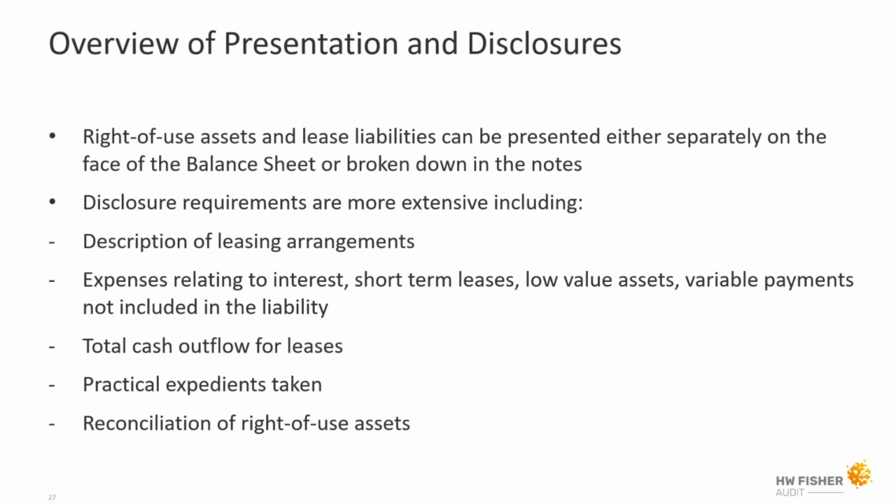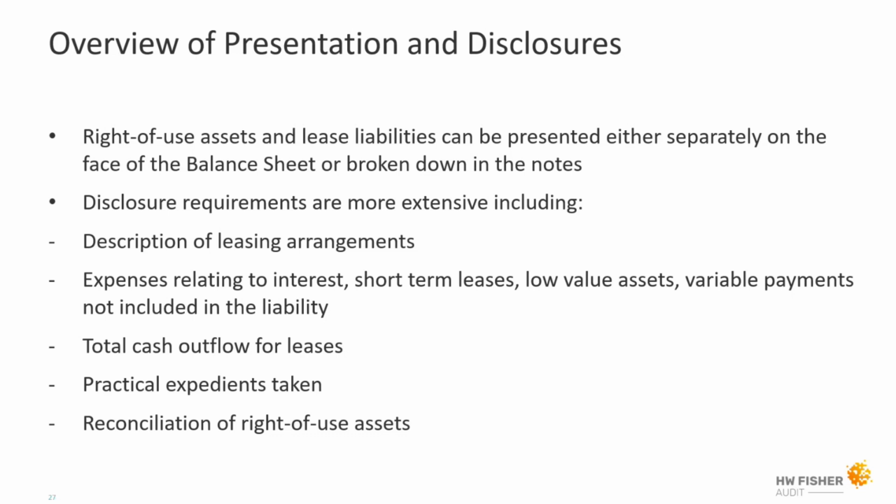You're not necessarily going to have to calculate, but if there's a variable payment, for example, where you have to pay additional depending on your turnover in the year, whatever that additional variable payment was for that year, you have to disclose it in the back end to say an additional cost went through due to a variable payment in relation to this asset.